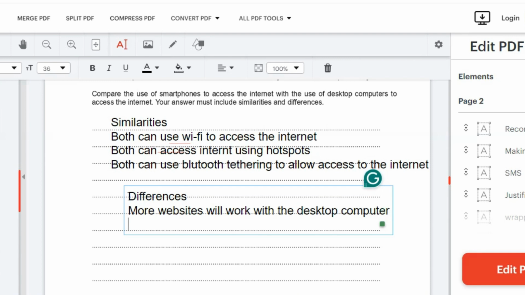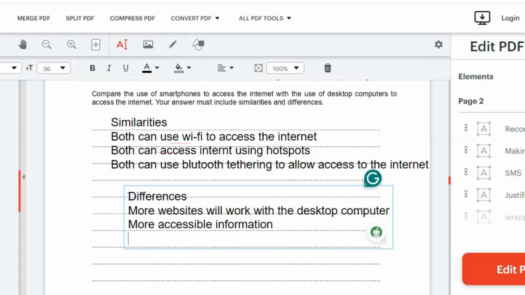Two, more accessible information. That is, the desktop will be able to access more information than a smartphone. All right.